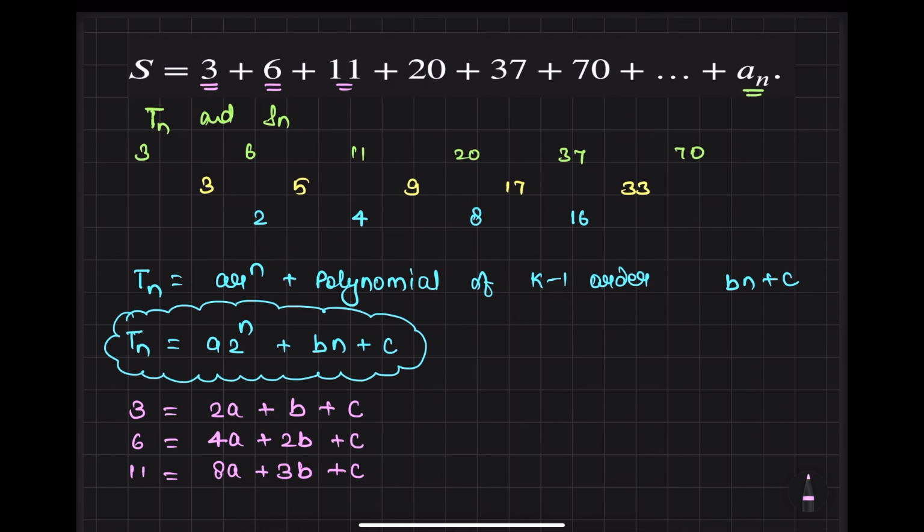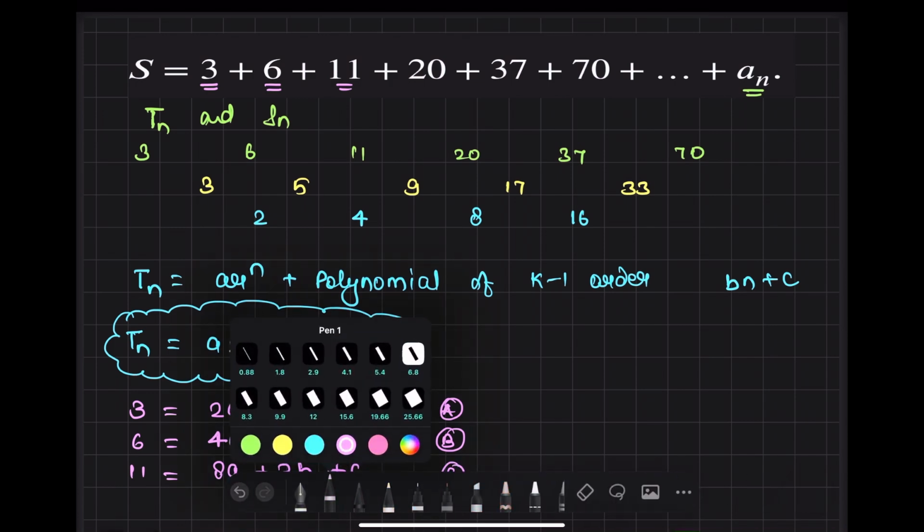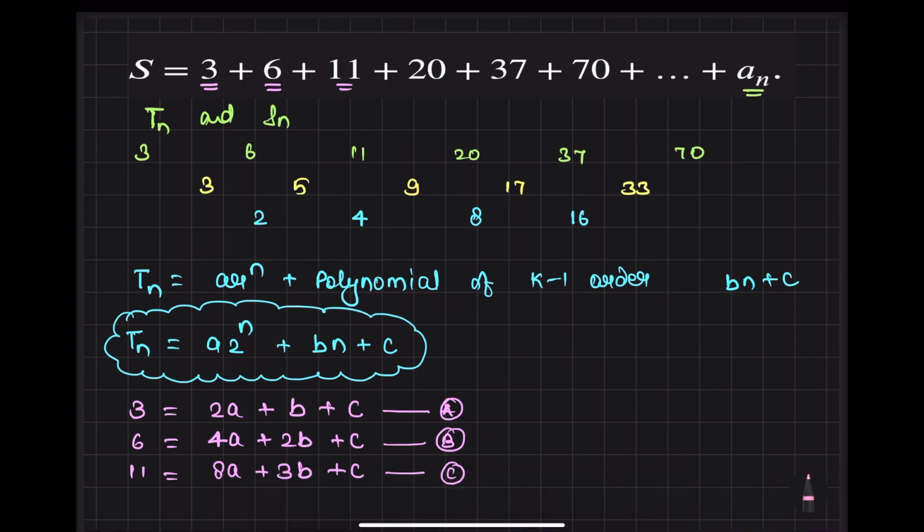So we got 3 equations in 3 variables. Now we have to solve. Suppose this is equation A, this is B, this is C. Now look at this. I am doing B minus A. We are left with 4a minus 2a is 2a, 2b minus b is b, c minus c is gone, equal to 6 minus 3, which is 3.